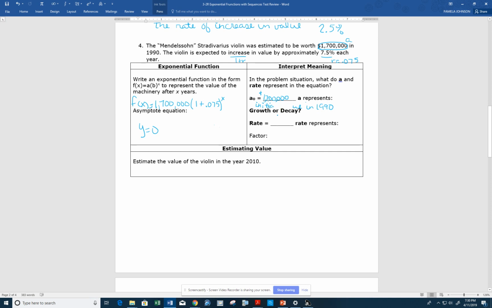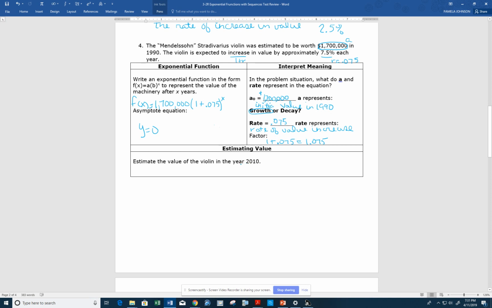Now, because it's increasing, this is a growth. Our rate is 0.075, and that represents the rate of value increase. And our factor, we did 1 plus 0.075 for a total of 1.075.